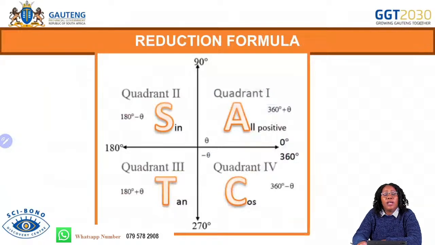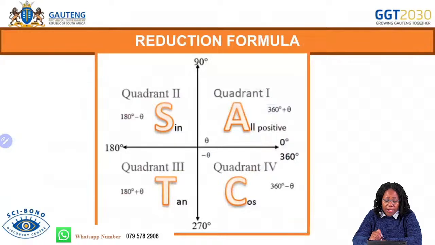Okay, and then now we also need the reduction formula. We are collecting all the tools that we need before we start answering questions on trigonometry. So you need your reduction now. Reduction helps us to reduce angles to be less than 90 degrees.